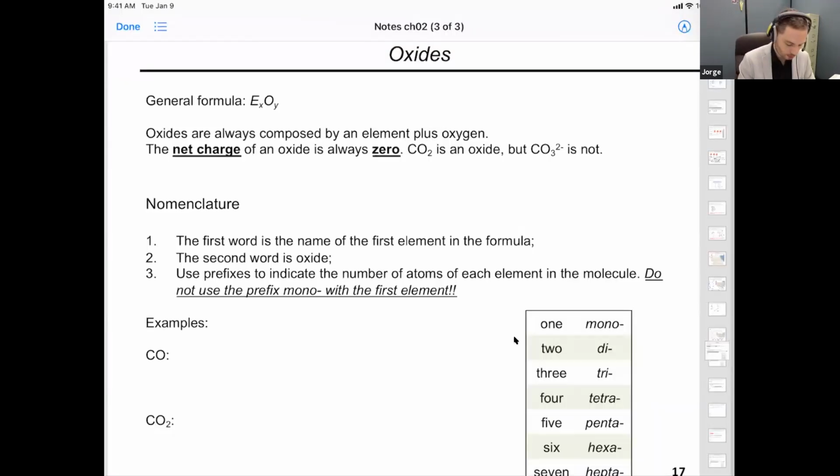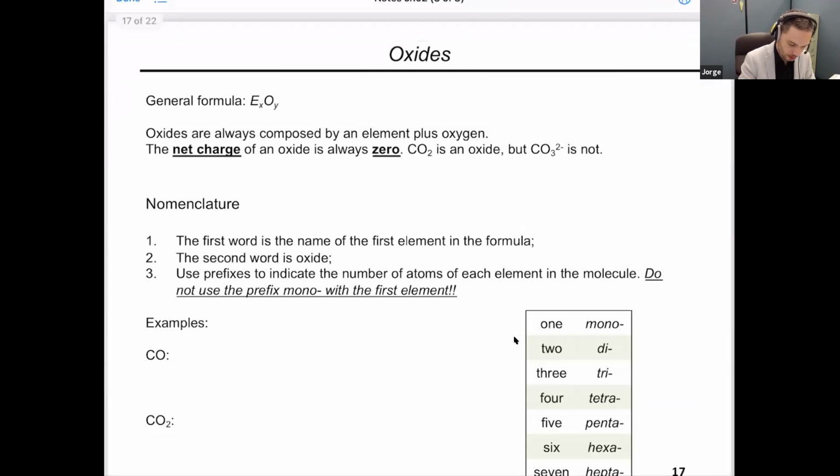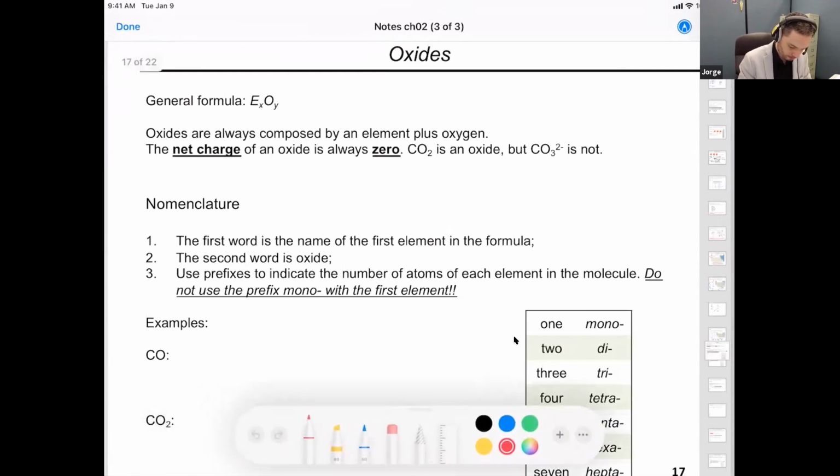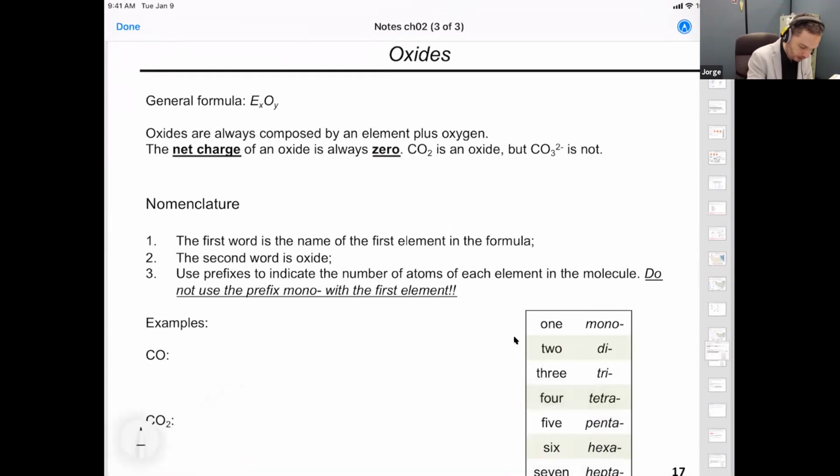Okay, so oxides have a general formula: element bonded to oxygen. So E here stands for any element, and O stands for oxygen.